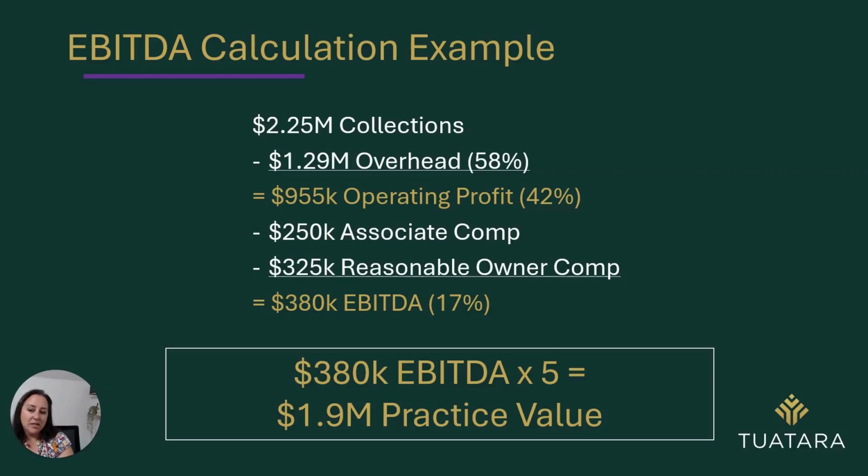Just to pause here for a second, you do hear a lot about percentage of collections as a way to value a practice. So we're going to talk about what that means and whether or not that would be a good idea or whether you should stick with EBITDA. But just to give you an idea, 17% EBITDA is going to be roughly about 85% of collections.